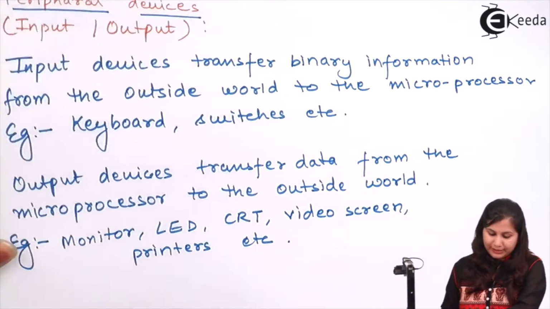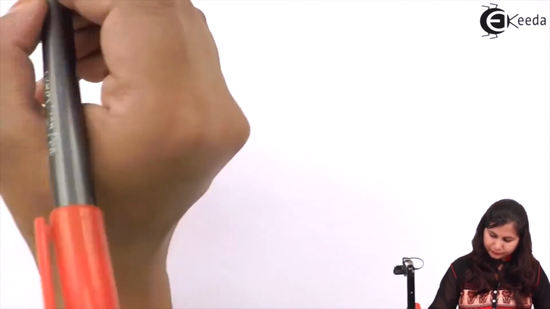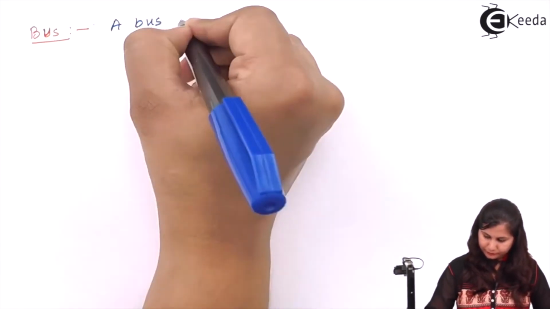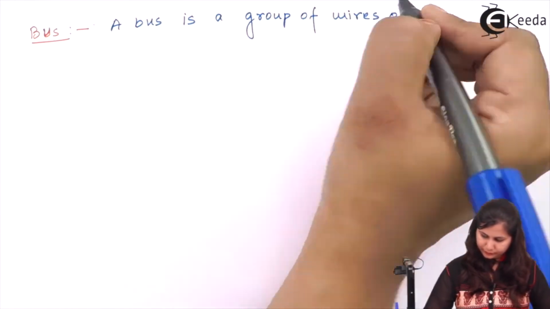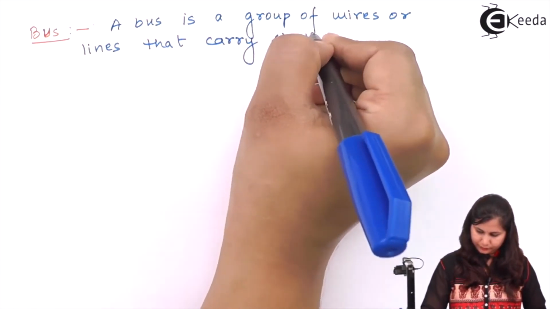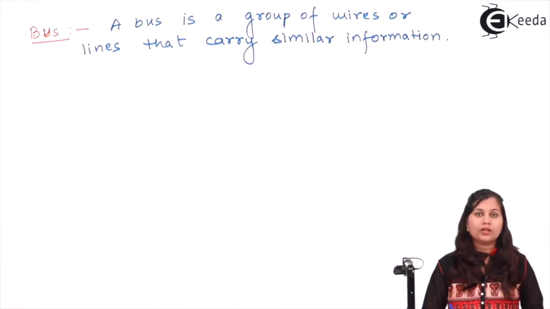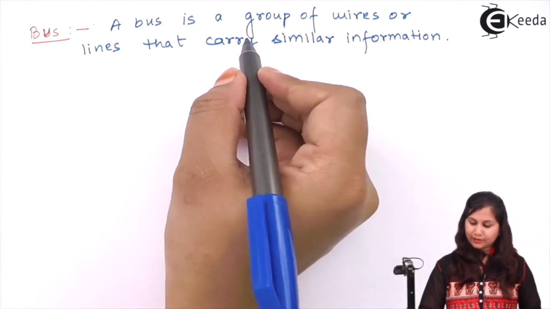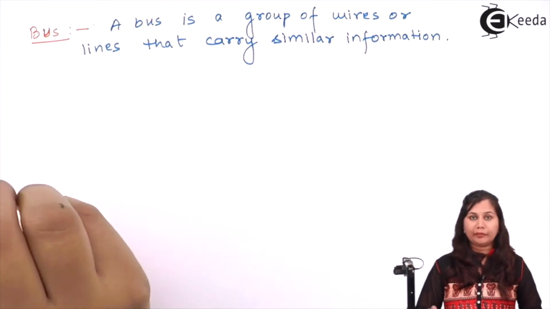So the bus is the communication link between the various components. We can say that the bus is a group of wires or lines that carry similar information.